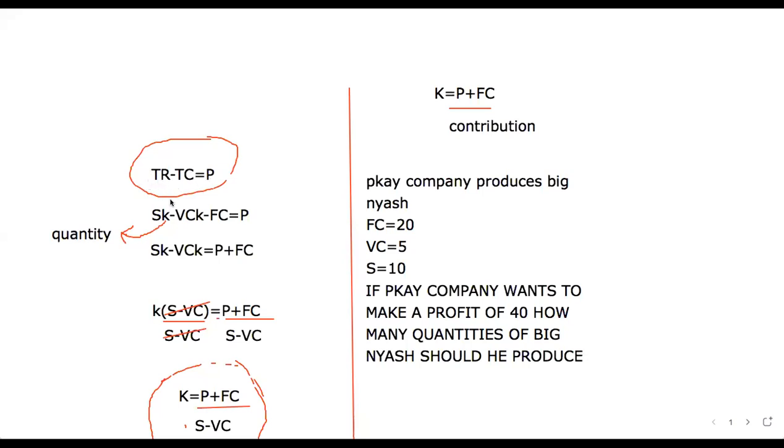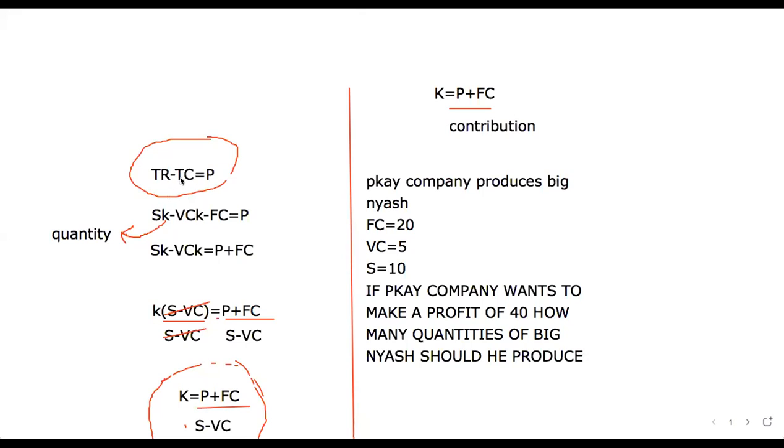If you want to break it down, we know that TR is equal to selling price times quantity. I've replaced quantity by the variable K.